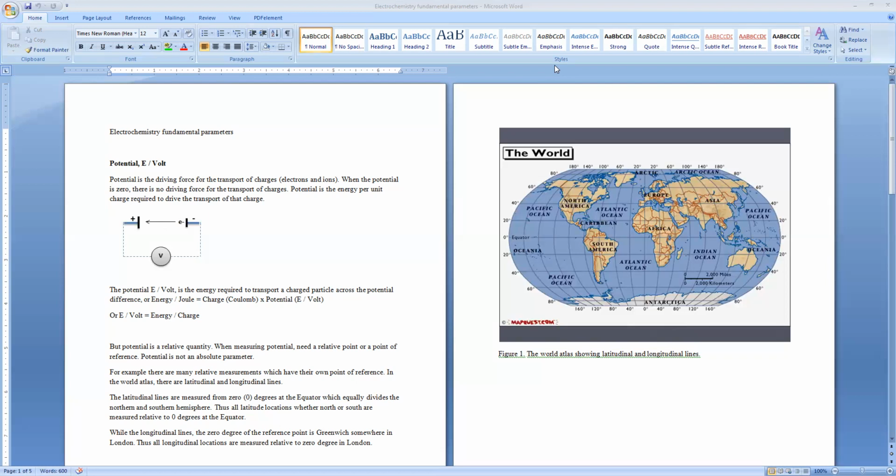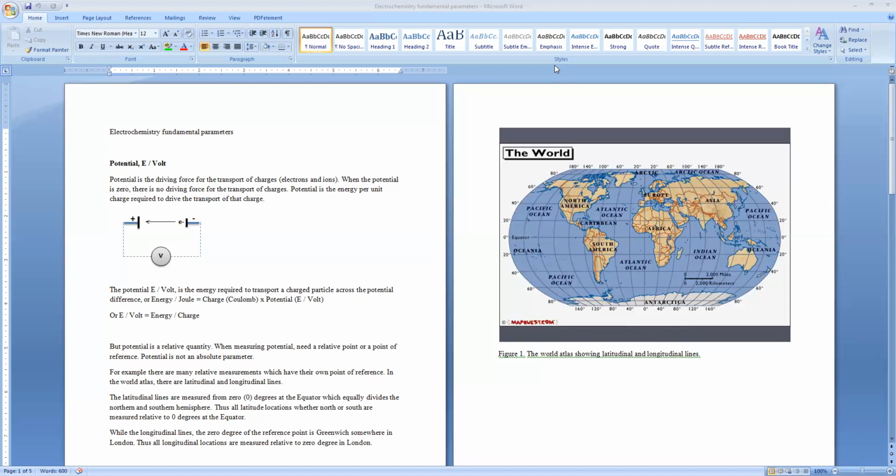So these parameters are basically potential. What is potential? Potential is the driving force for the transport of electrons. So when we have potential zero, it means there is no driving force for the transport of electrons.